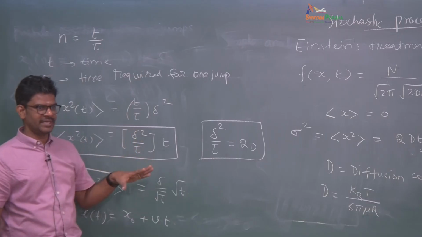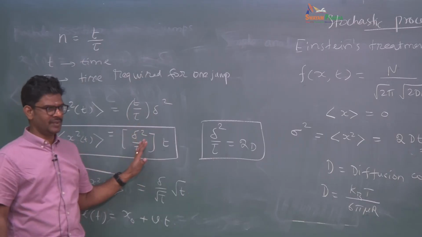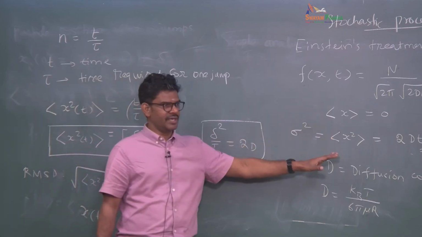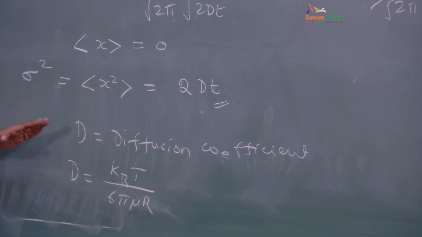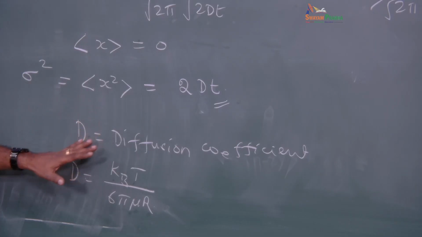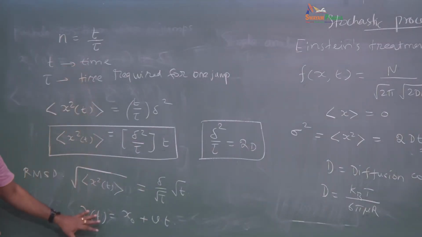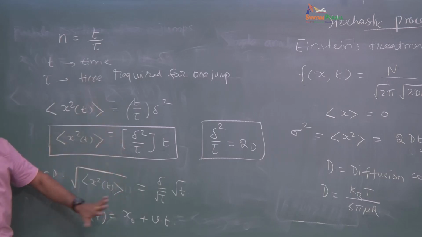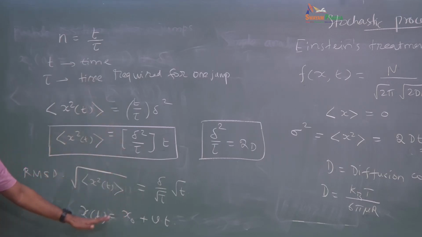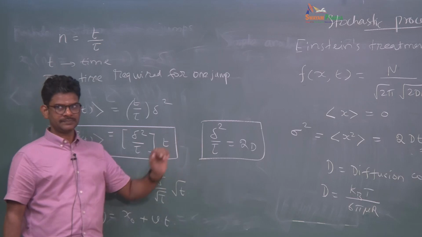The more important thing is that we understand the mechanics of this problem, not necessarily look at the details. But we also see the analogy between Einstein's more sophisticated approach and the very simple one dimensional approach. You start with a very basic rule of random walk, and you can arrive at the same result.